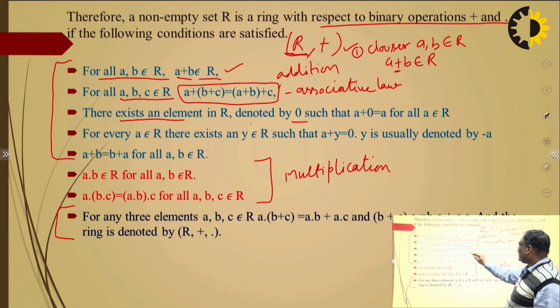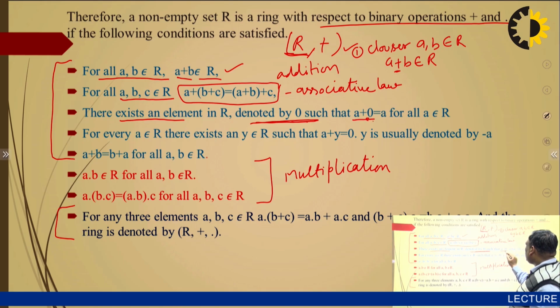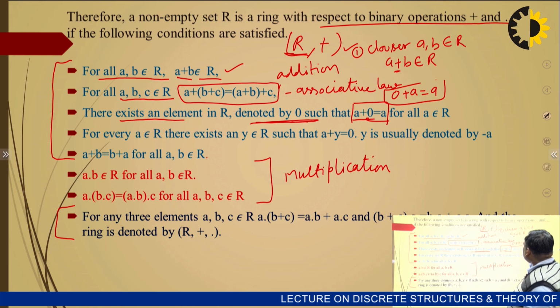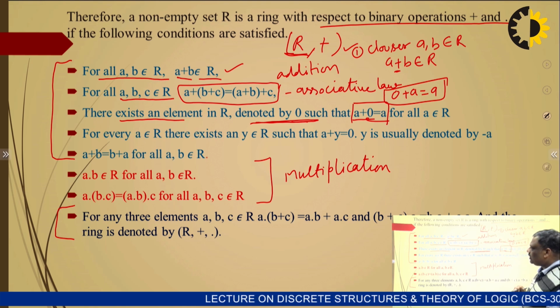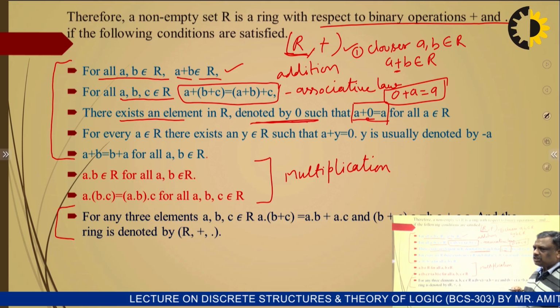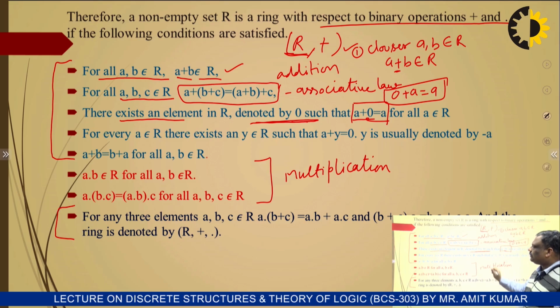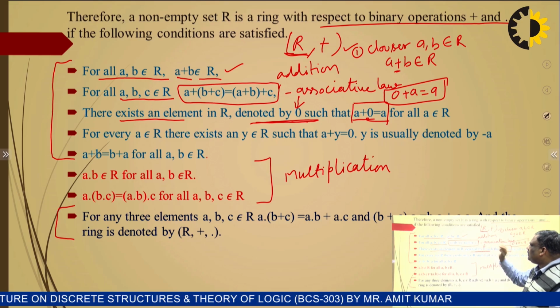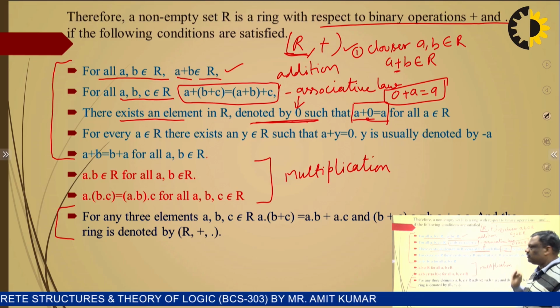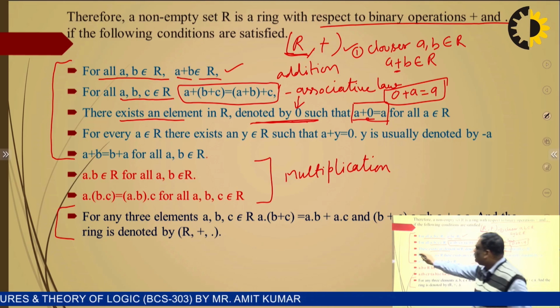So with this identity element 0, A plus 0 equals A, or we can say 0 plus A equals A. If such a property holds, this is known as the existence of identity. With respect to addition, the identity element is 0, if this property holds.